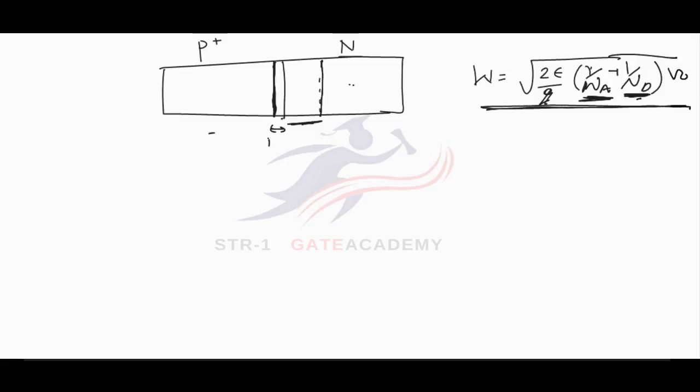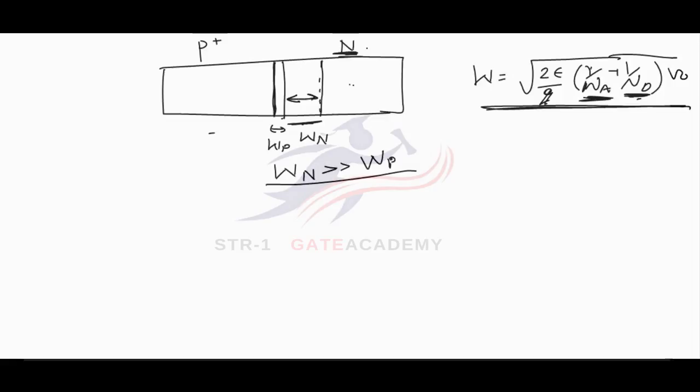If this is depletion layer width on P side and this is depletion layer width on N side, then we can say that Wn is very greater than Wp because P region is highly doped. So we can say that in a step graded PN junction, the depletion layer penetrates more into the lightly doped region.